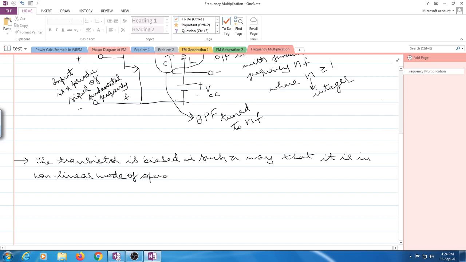So this is how the transistor is supposed to be biased, so that the circuit is going to work as per our requirement.